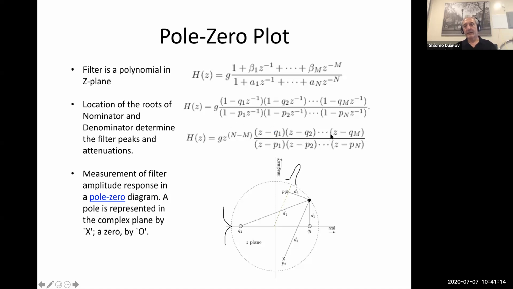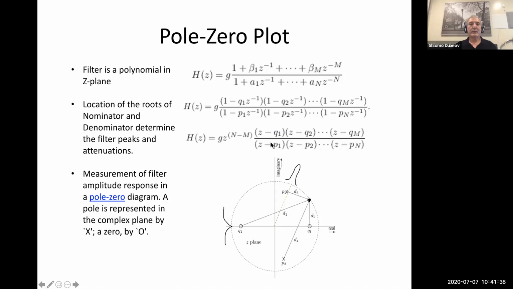You can also write it this way, and now these are the zeros and these are the poles. The Q's and the P's: the values of Z equal to Q make the numerator 0, and the values of Z equal to P make the denominator 0, so the response will be infinite.